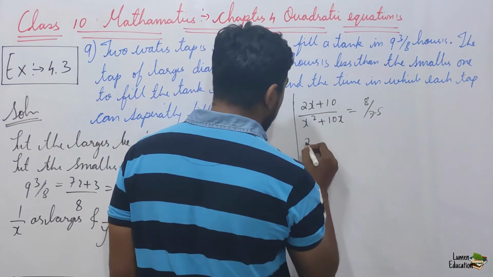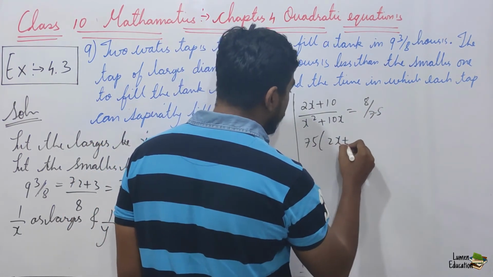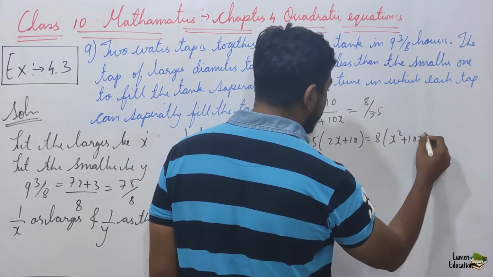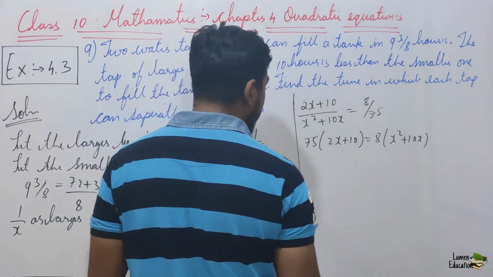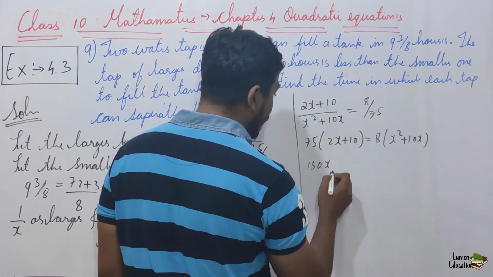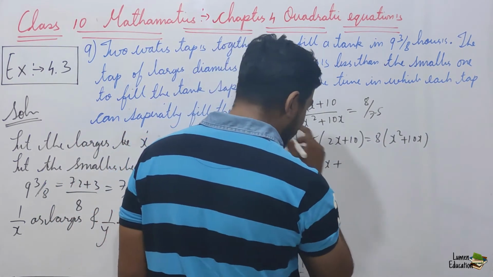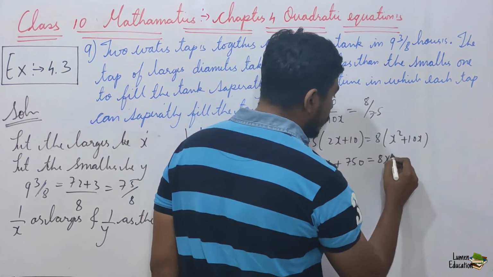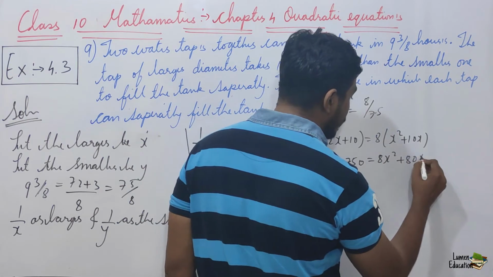Now 75 into 2X plus 10 is equal to 8 into X square plus 10X. Multiplying, 75 into 2 is 150X plus 75 into 10 is 750, equal to 8X square plus 80X. Clear?